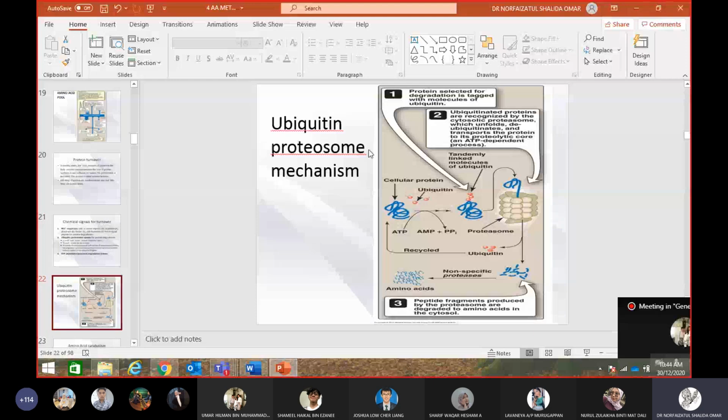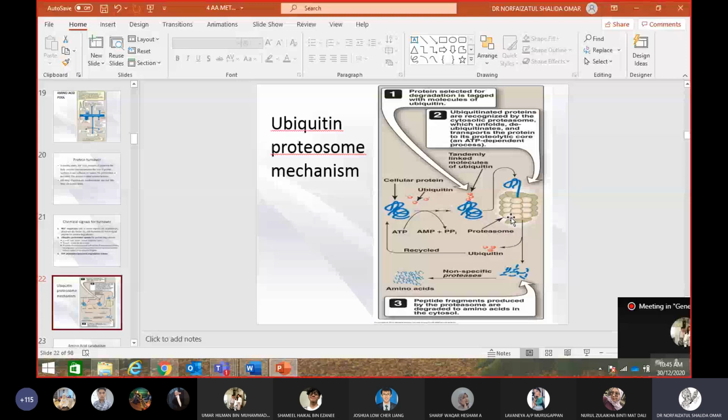A protein selected for degradation is tagged with the molecule ubiquitin. Then the ubiquitin-tagged protein is recognized by the proteasome, and it will be hydrolyzed by the proteasome. It will cleave the protein into smaller amino acids.